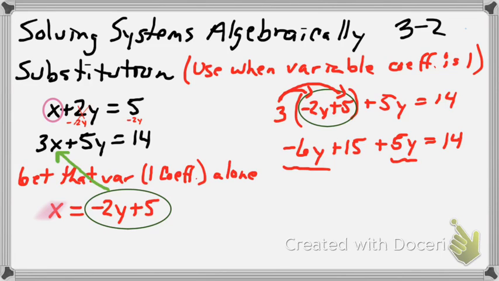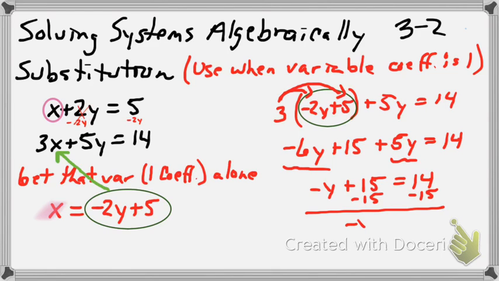Negative 6 plus 5 is negative 1. We're going to subtract the 15. And then we're going to divide by negative 1, giving us y equals 1. Everybody should have been able to follow what I did there. Simple Algebra 1, solving of an equation. I'm following. I'm just waiting.